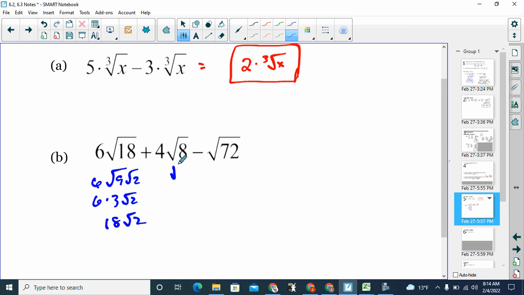Root 8 we would reduce as root 4 root 2. Square root of 4 is 2. So I've got 18 root 2 plus 8 root 2. 36, the easiest way to simplify that would be 36 times 2.